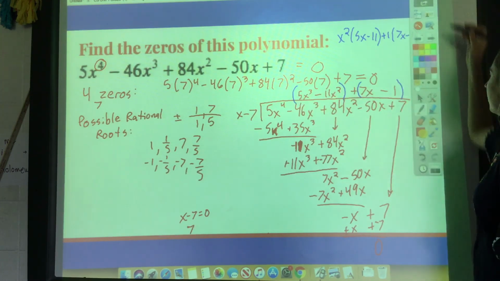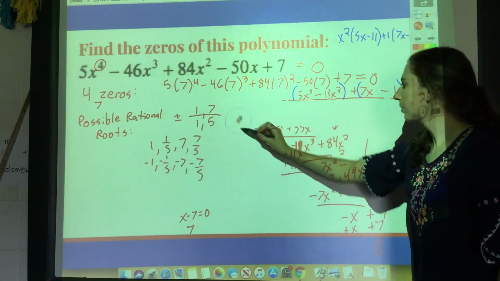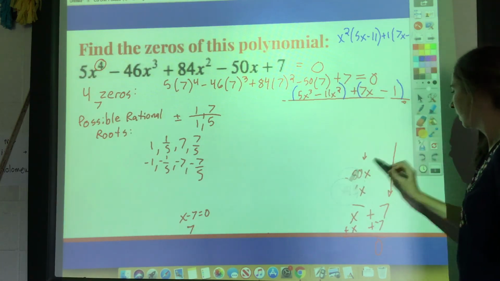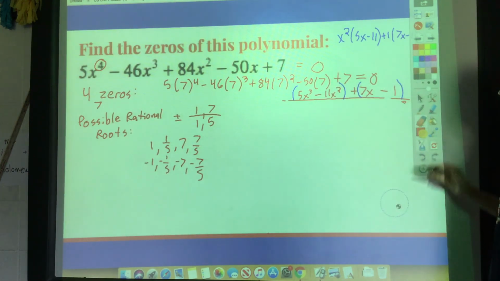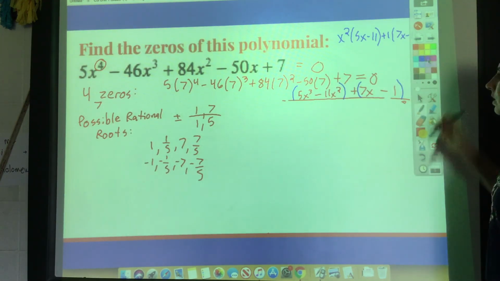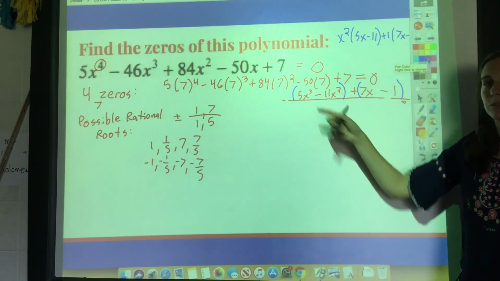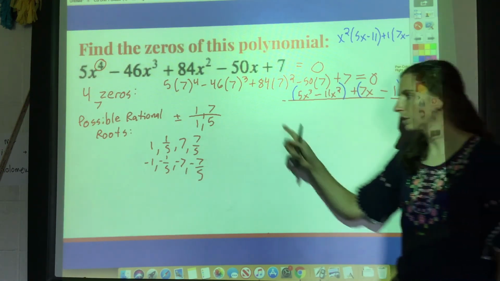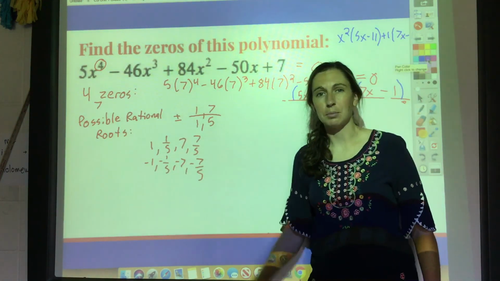left. So let me erase some stuff, give us some room. All right. So I have this. I'm going to need to repeat this process. I already have a root of 7. Let's try something else on the list that might work.